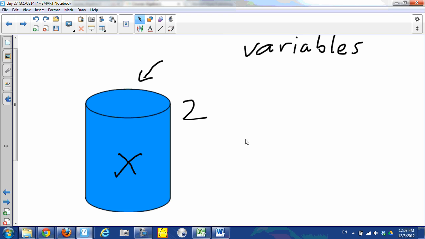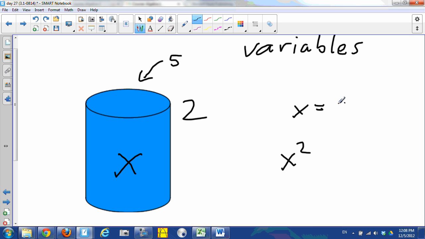Then we'd be talking about the expression x squared. So if we throw 5 into the bucket, if we say x equals 5, if 5 is the number the bucket's holding, then x squared would equal 25.